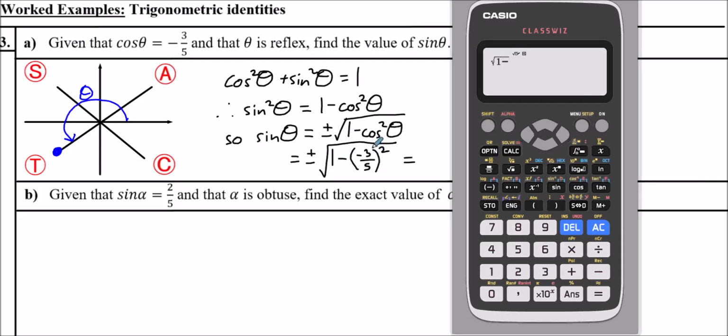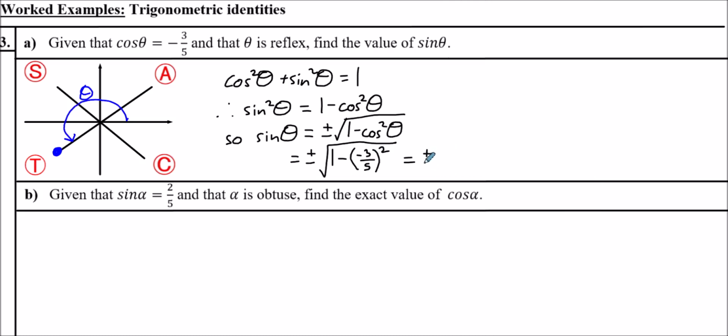It's going to be 1 minus 9/25. So again, you can just type it in as it looks if you want to avoid any confusion or to work anything out that you don't need to. That gives 4/5. So sin theta must be plus or minus 4/5. Just a case of which one it is, either plus or minus.